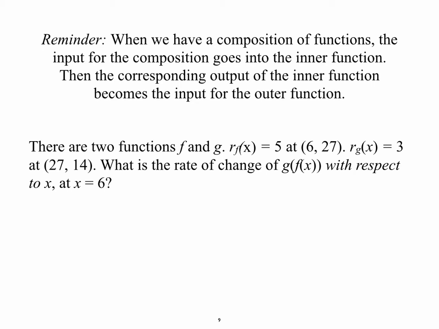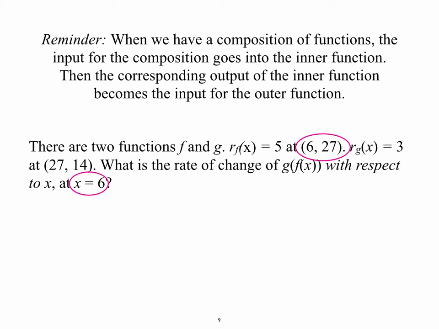Because we were concentrating on the rates of f and g. But notice we were looking for the rate of change of g of f with respect to x at x equals 6. So when we talk about the rate of change of f, I have to talk about that at x equals 6, because that's the function that happens first.